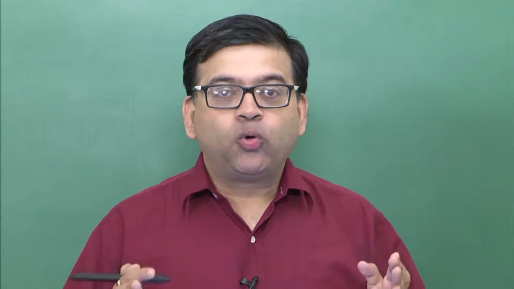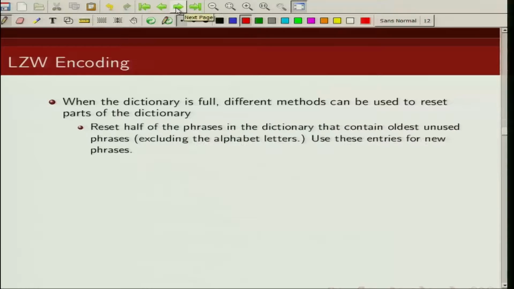As we noticed in the previous slide, what we are doing here is adding new phrases into our dictionary which are not already there. Now if our dictionary gets full, because our dictionary typically will have a fixed size, then what should we do? We can follow one of these approaches.